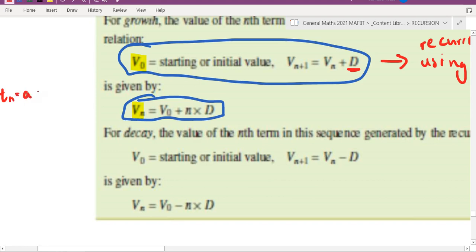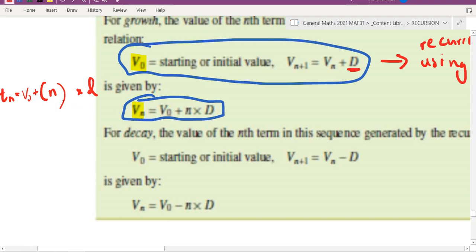Tn equals A plus n minus 1 times D. Now, you can see that this one is actually quite similar, but what's different now is that there's no more minus 1, okay? And instead of using first term, we just use V0. That's all that's changed.